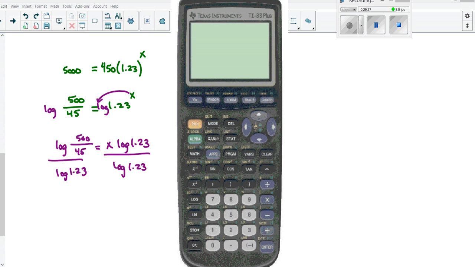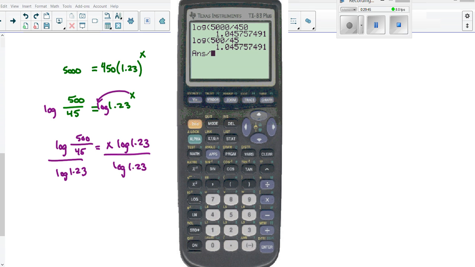And remember, no matter what answer you put in your calculator, if I do the log of 5,000 divided by 450, it will give me the exact same thing as the log of 500 divided by 45, and same thing if I simplified that further.